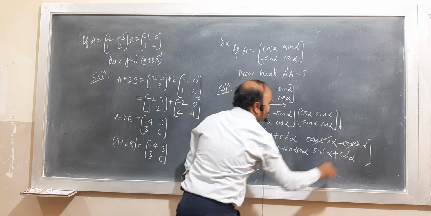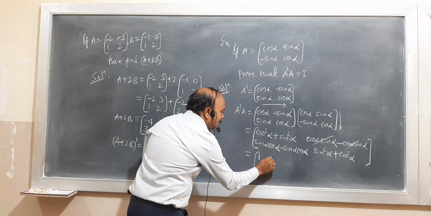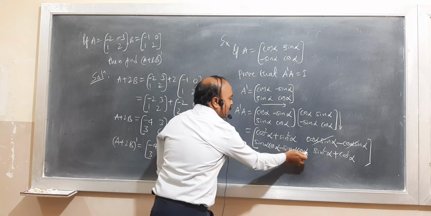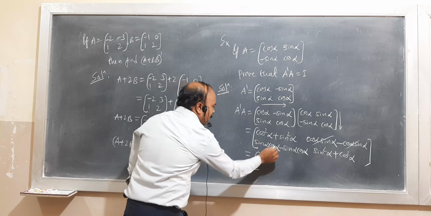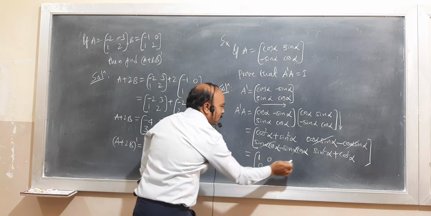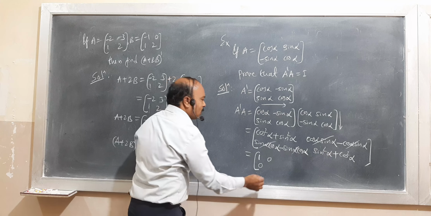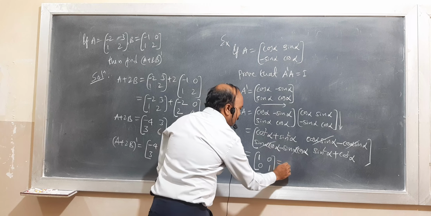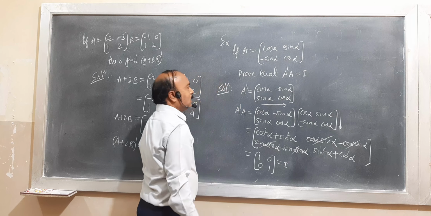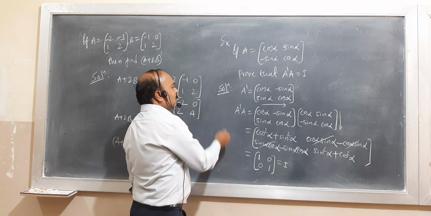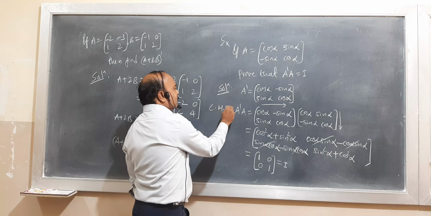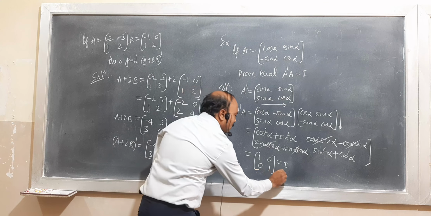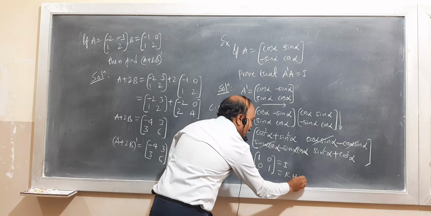Here these two get cancelled, it is 0. Here sin alpha cos alpha and minus sin alpha cos alpha cancel, it is also 0. And sin square alpha plus cos square alpha is equal to 1. Now it is nothing but the identity matrix. Now we considered LHS and we proved it is equal to RHS.